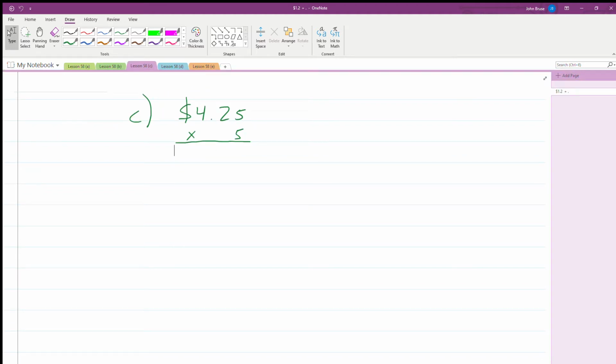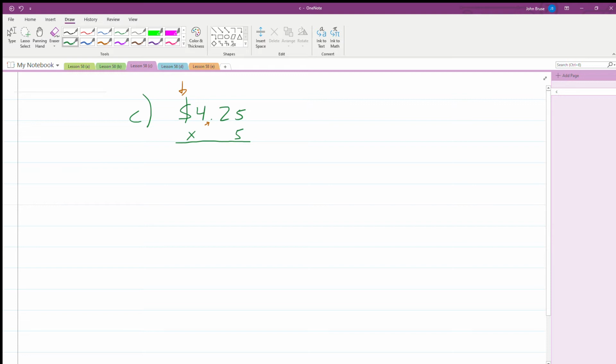C is the same as the last two, except it has a dollar sign, and we're dealing with a decimal. So we want to make sure that we have our decimal in our answer. The way we're going to do that is when we find our product for 425 times 5, we're going to just count 2 decimal places over on our answer.